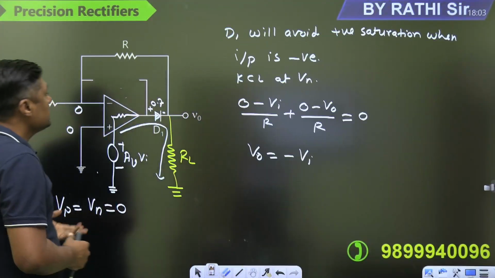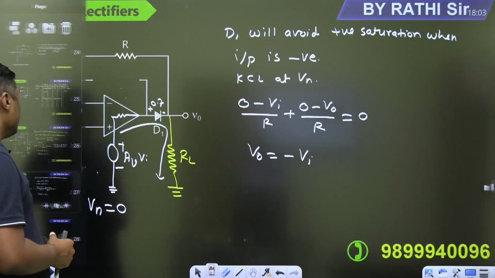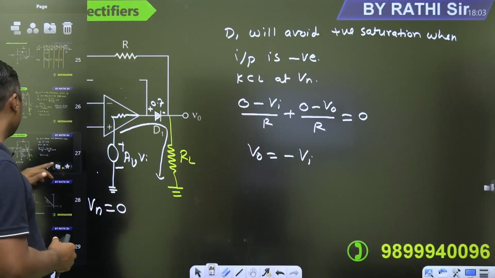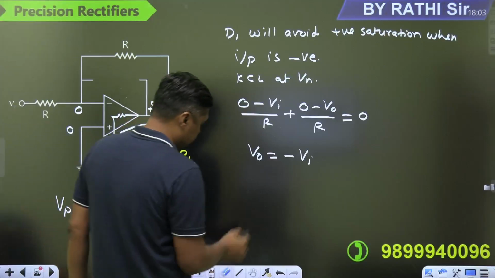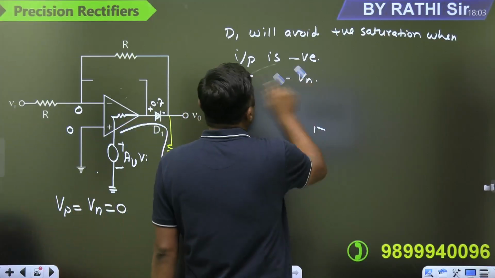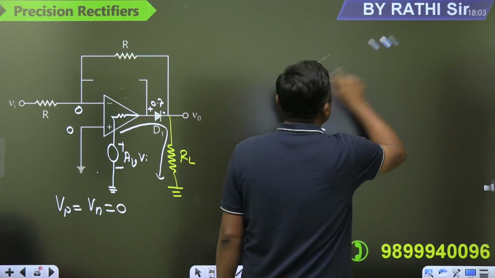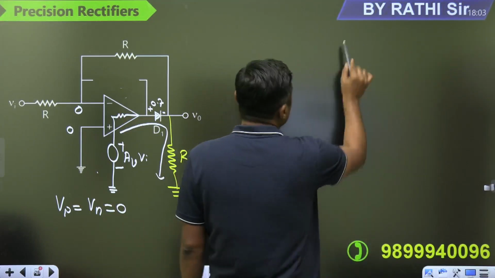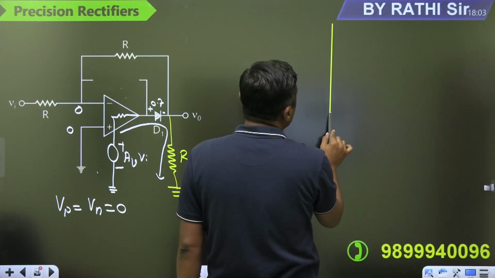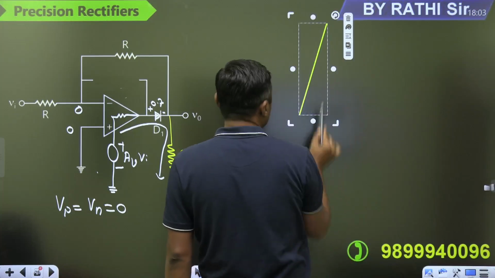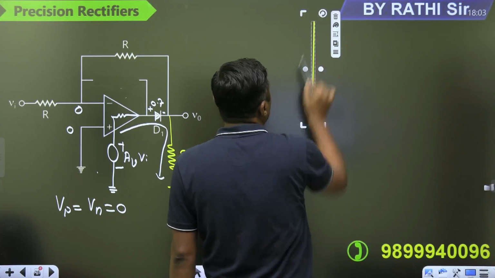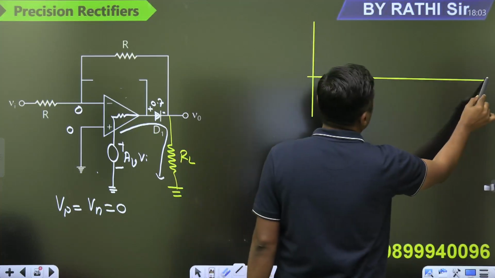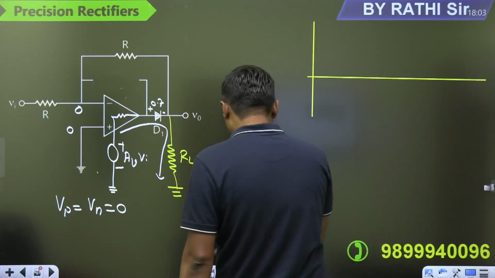Suppose we are giving a waveform to this particular diagram. Then what is the waveform here? Watch this. There are two halves.